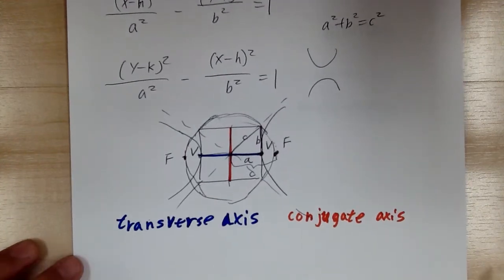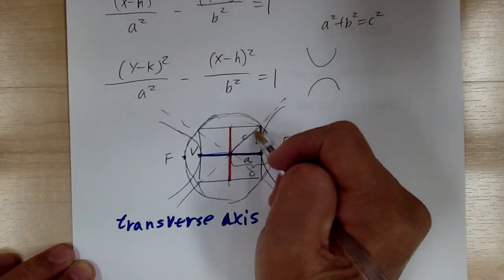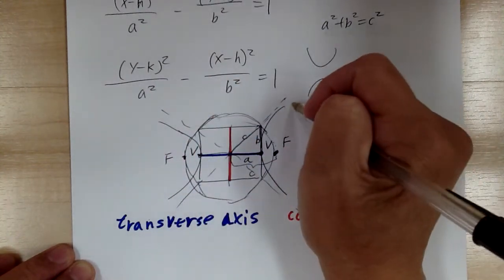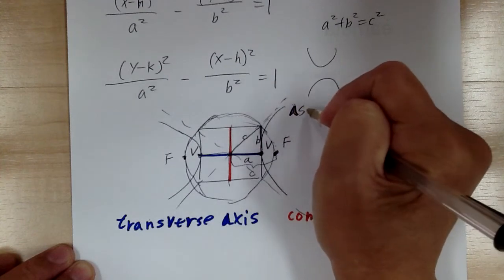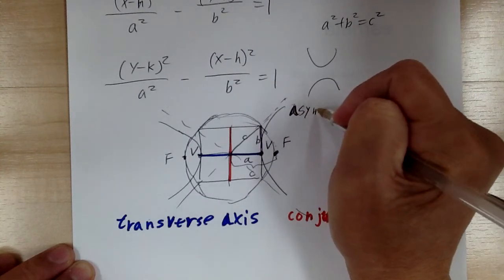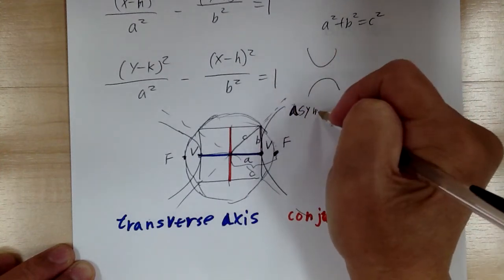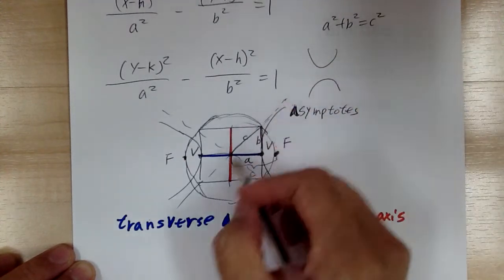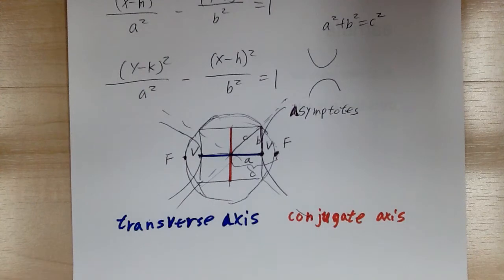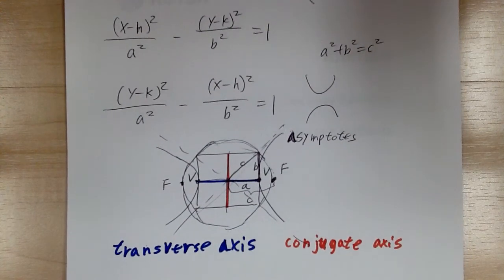Those are the parts of the hyperbola. The dashed lines over here are called the asymptotes. Those are the definitions and parts.